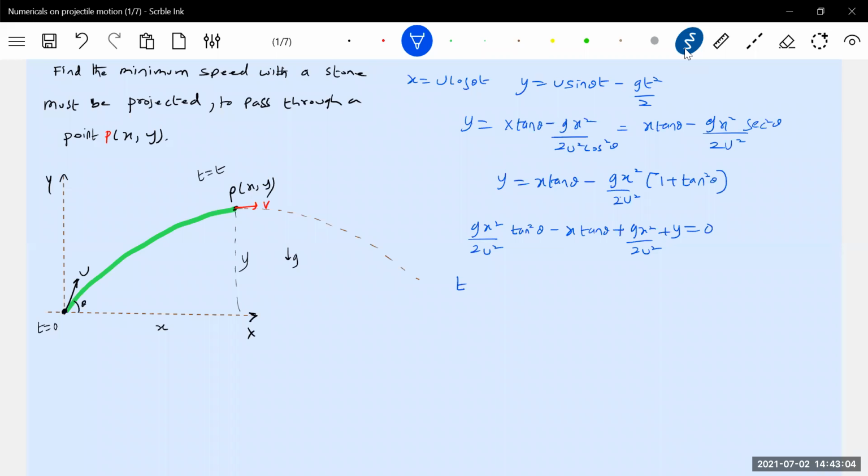For this, let me write tan square theta minus 2u square by g x tan theta plus 1 plus 2u square by g x square y. I think I'm right. Okay, fine. Yeah, this is the thing.